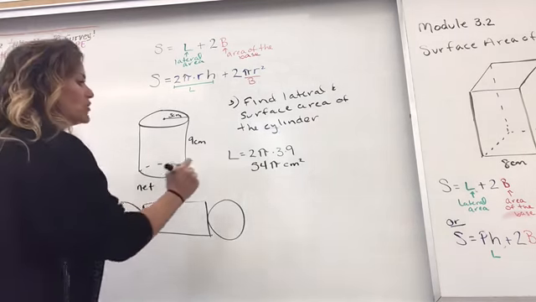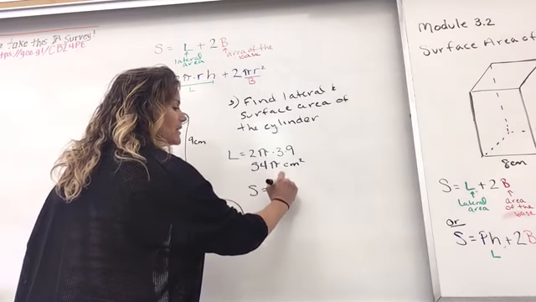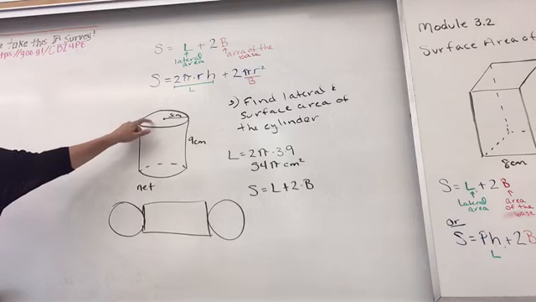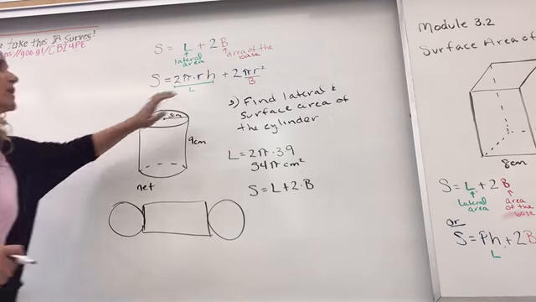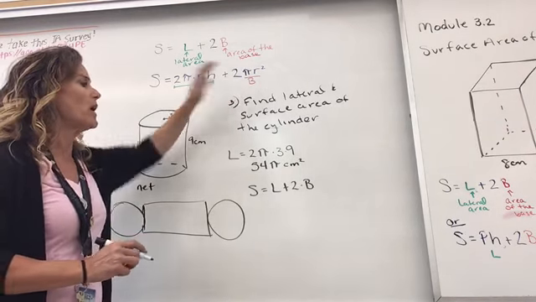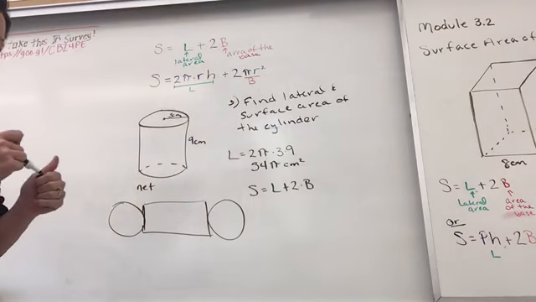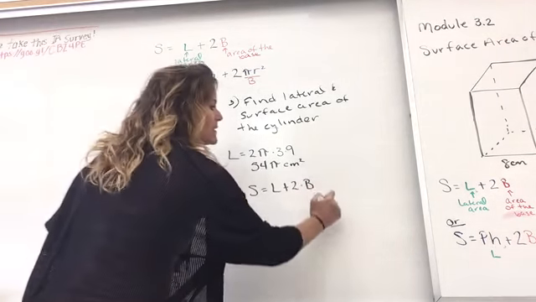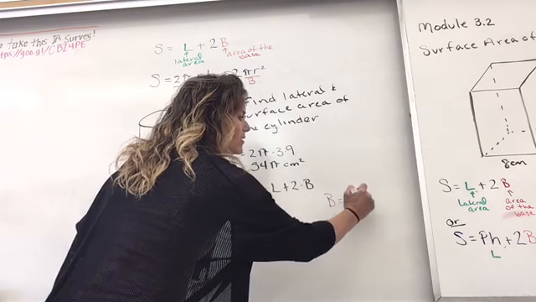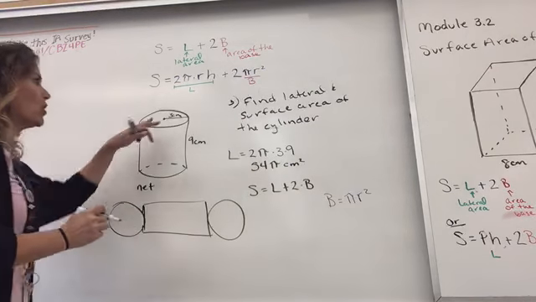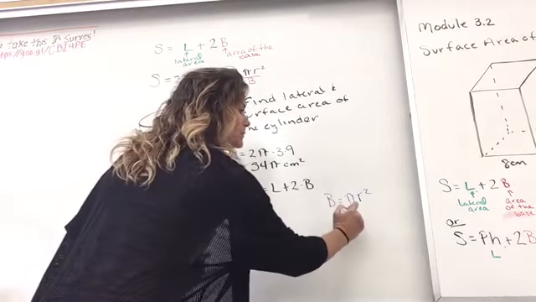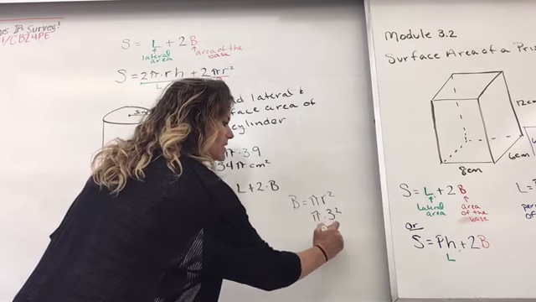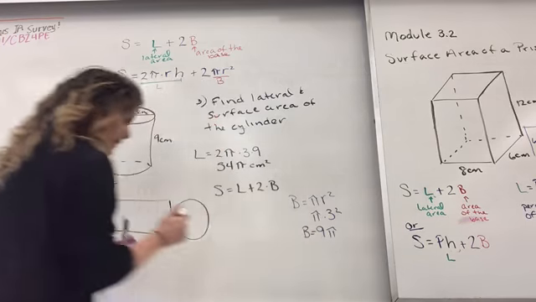Now, I want to find my surface area. That's the lateral area plus 2 bases. Well, again, the base is a circle. And that formula is pi r squared. So we're going to take the base. That's pi r squared. We know r is still 3. 3 squared is 9, so that becomes 9 pi.